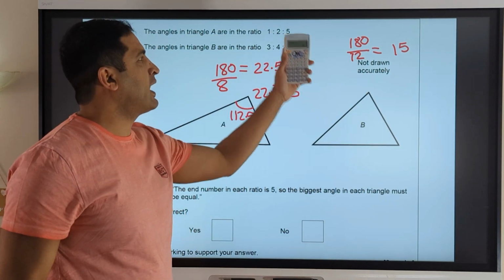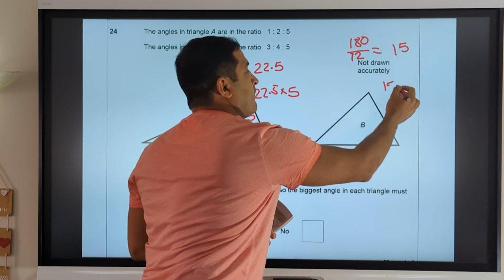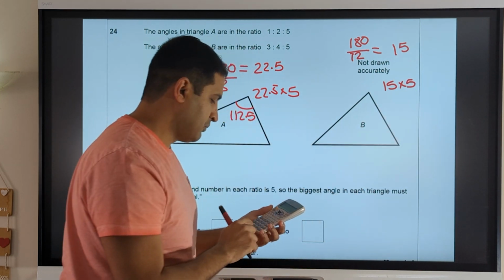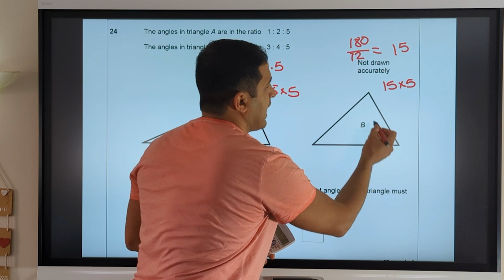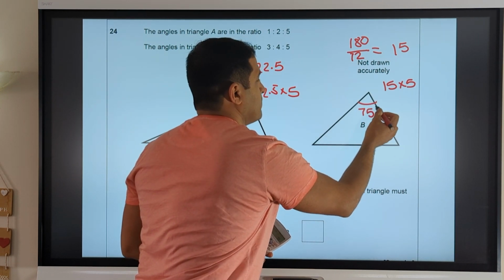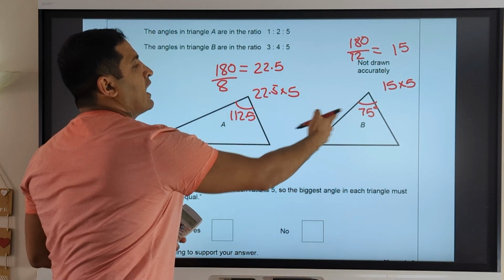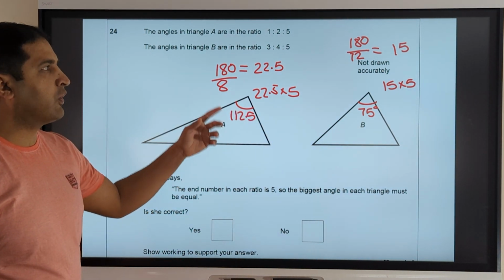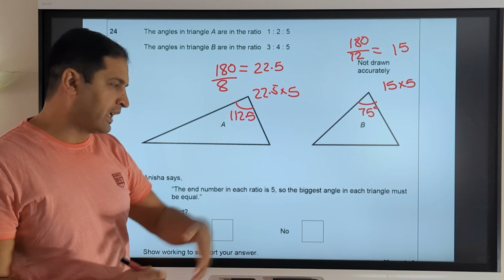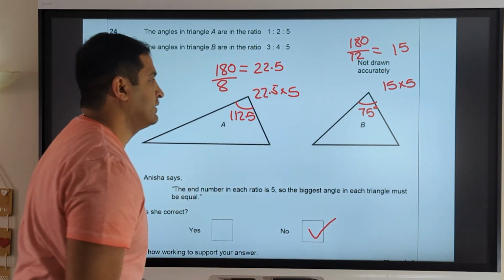So obviously the 5 parts, that's the biggest angle. So we're doing 15 times 5. That gives me the biggest angle, which is 75. So the biggest angle here in triangle B is 75. Obviously they are not the same. The biggest angle on B and the biggest angle on A are not the same. So I would show this working out to support my answer.